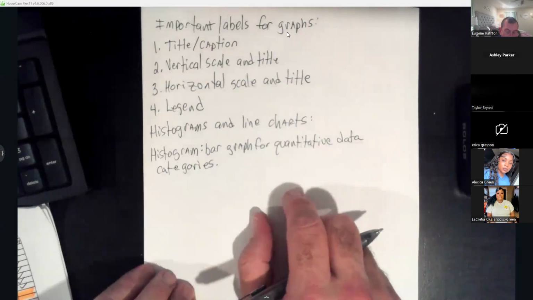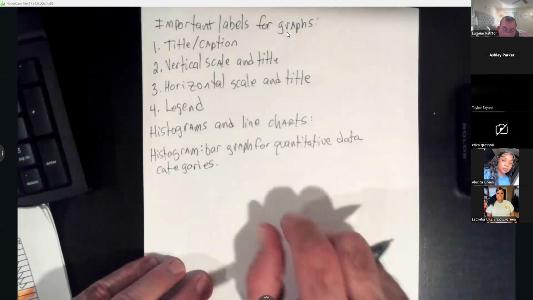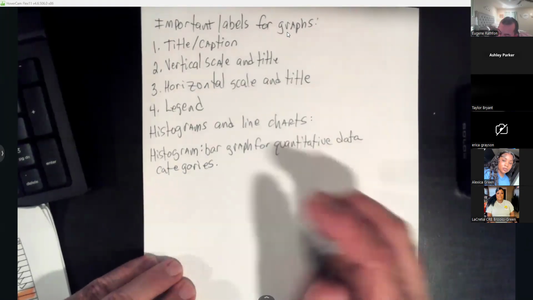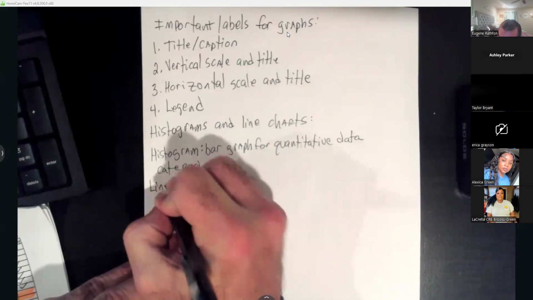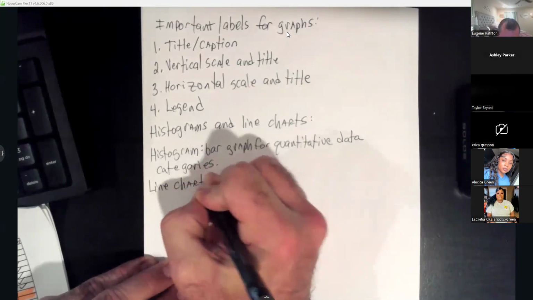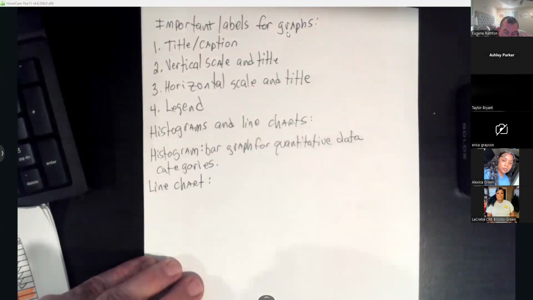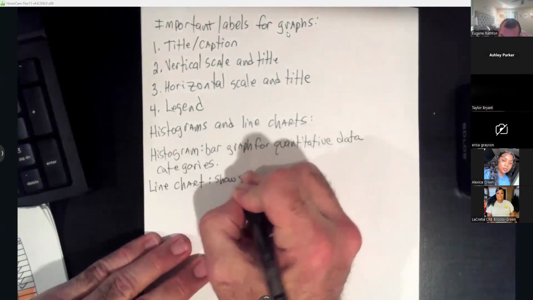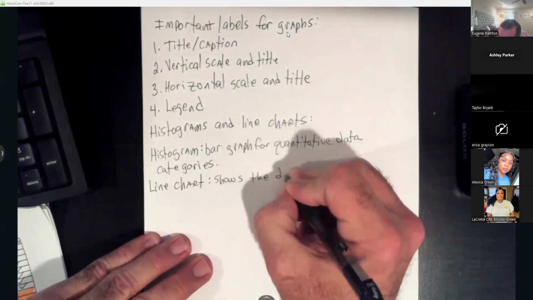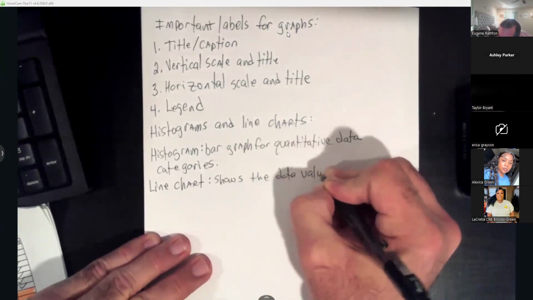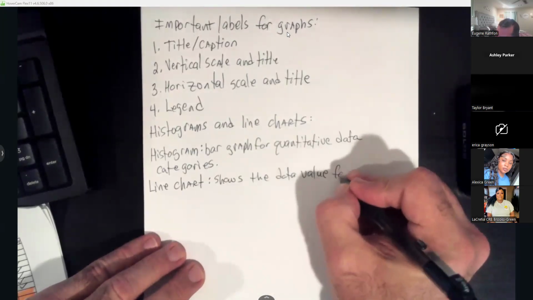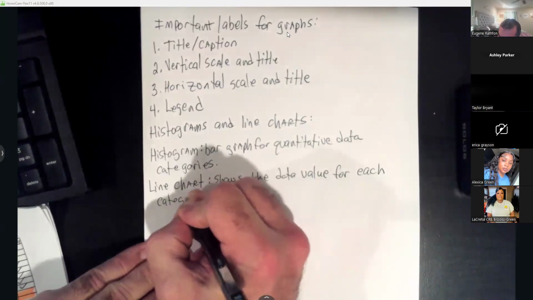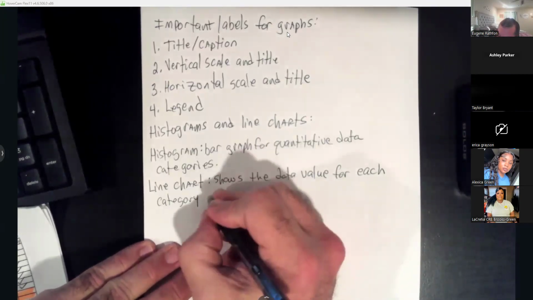So on a histogram, the bars have a natural order and the bar width has a specific meaning. We got a line chart. So on a line chart, it shows the data value for each category as a dot.